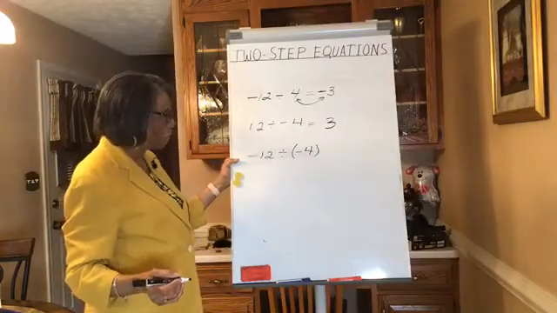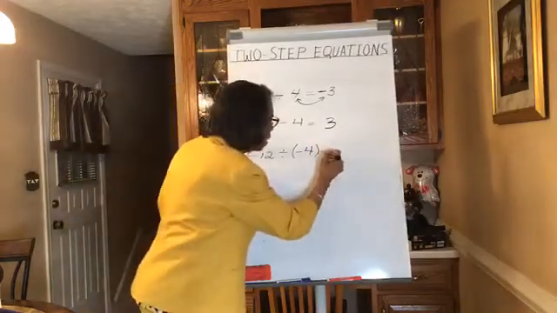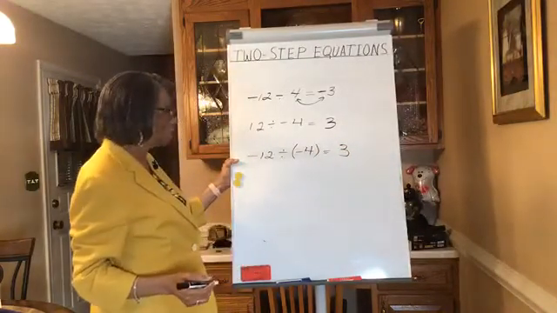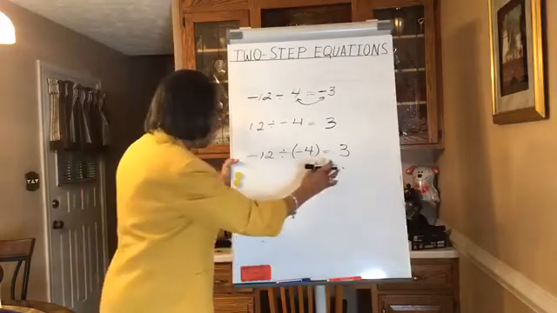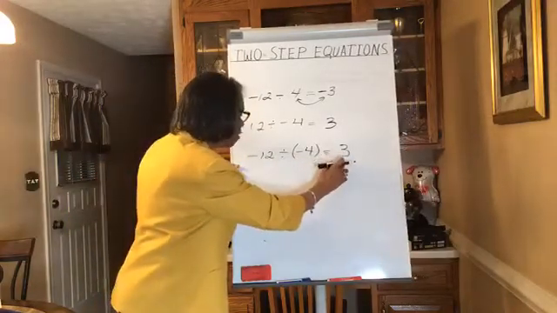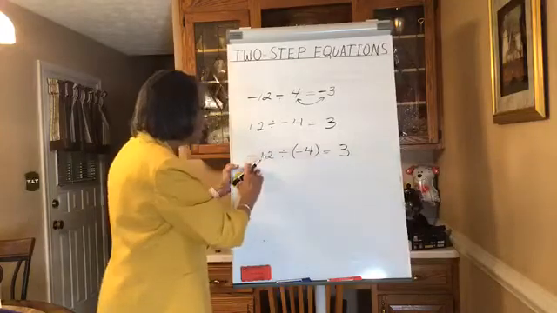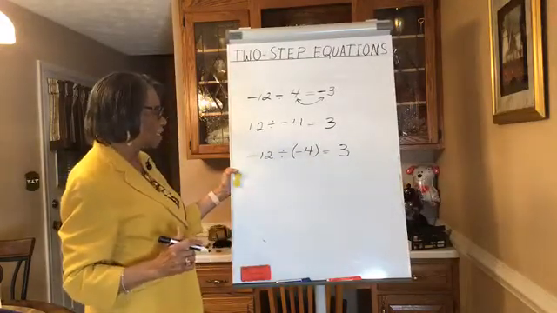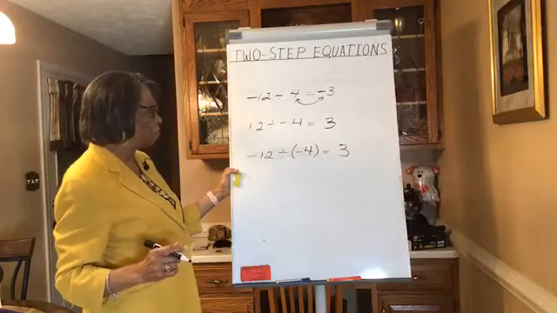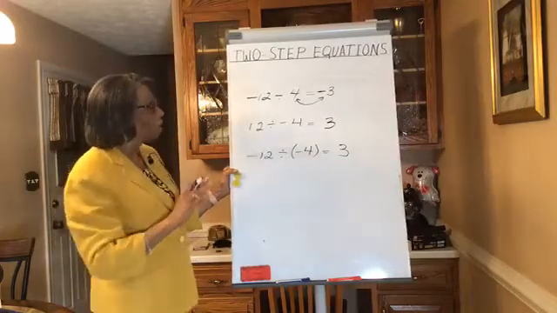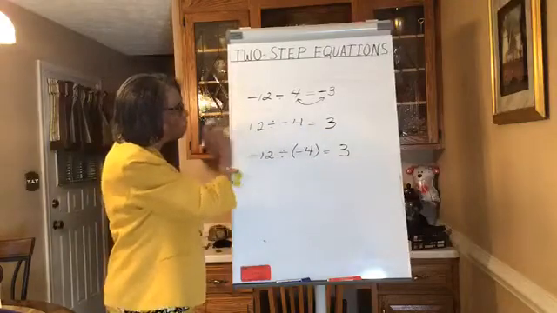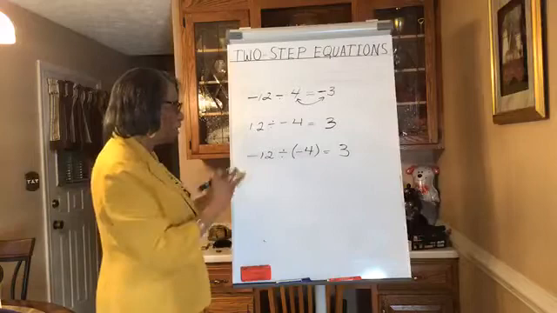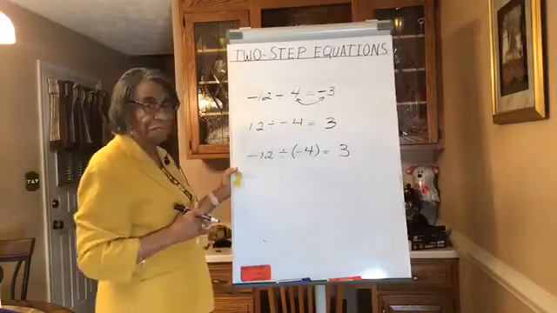And again, the answer is 3. Is it positive or negative? It is positive because positive 3 times negative 4 equals negative 12. I think I have done the examples to show each different way. So when we have opposite signs, it's negative. When we have the same signs, it's positive.